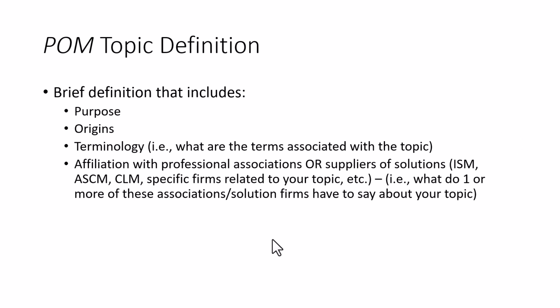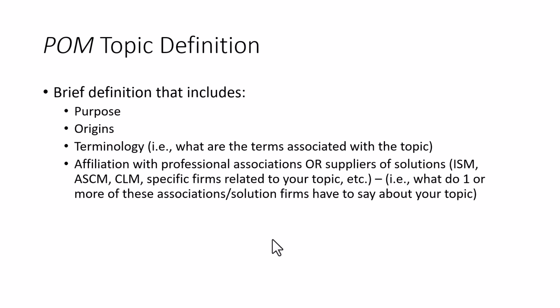As I said, you have different types of professional educational associations that deal with this stuff, and you can use that to help you with your definition, and or you can use those solution firms, like I said, that I pointed out.